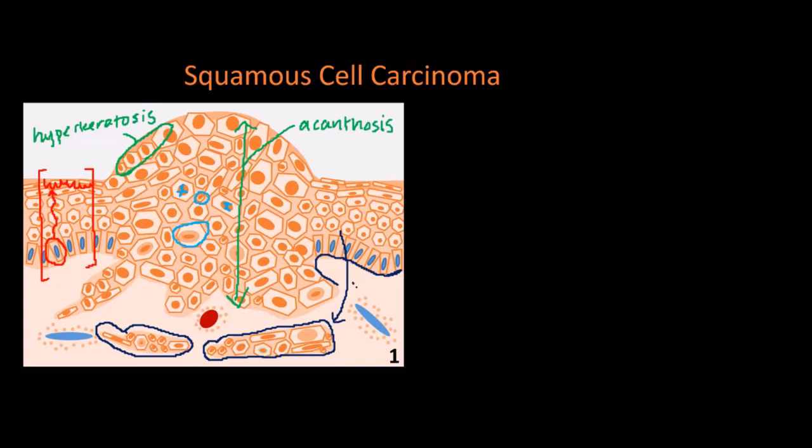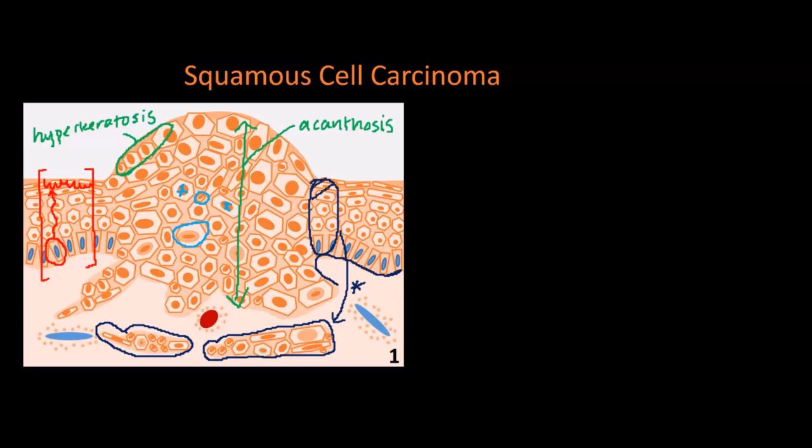Notably, it's this feature of invasion past the basement membrane into the underlying dermis that makes invasive squamous cell carcinoma distinct from another similar lesion called squamous cell carcinoma in situ. Squamous cell carcinoma in situ is what is often referred to as an intraepithelial neoplasm. In other words, a neoplasm that's confined to the epidermis.